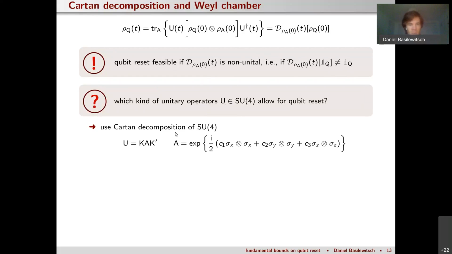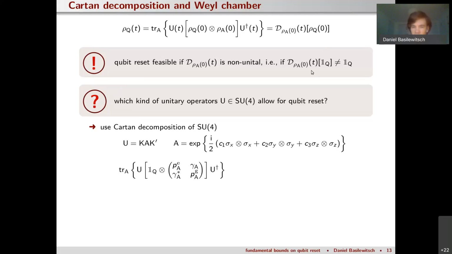Just in brevity, we're using the Cartan decomposition of SU(4) to this end, which means you can write every element U of SU(4) as K times A times K prime, with K and K prime being entirely local operations that are not changing the entanglement between the two systems, and also not the purity of the two systems. So you can basically forget about these. And A is the non-local part of the operations, and we know we want to exchange purity, so the purity exchange has to be given by the non-local part A here.